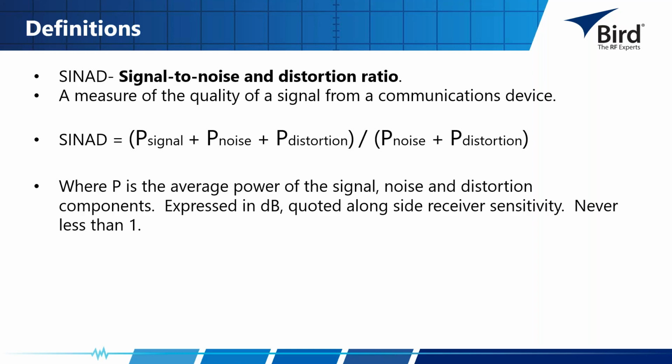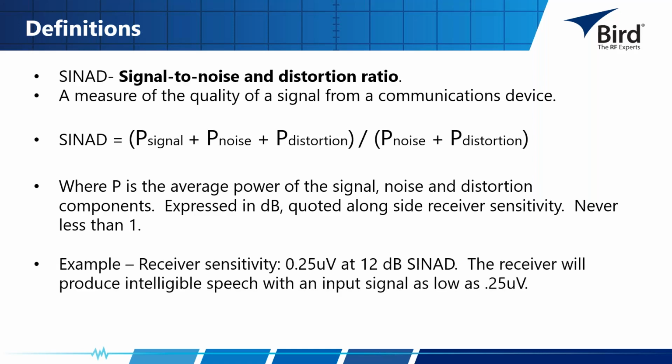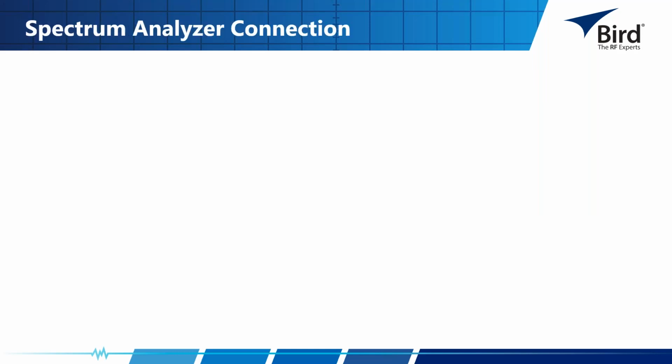It's expressed in dB, quoted alongside receiver sensitivity, and it's never less than 1. For example, a receiver sensitivity of 0.25 microvolts at 12 dB SINAD means the receiver will produce intelligible speech with an input signal as low as 0.25 microvolts.